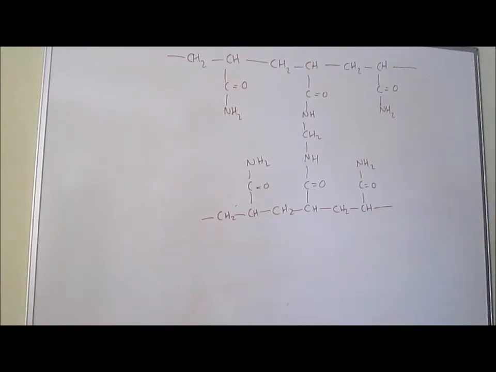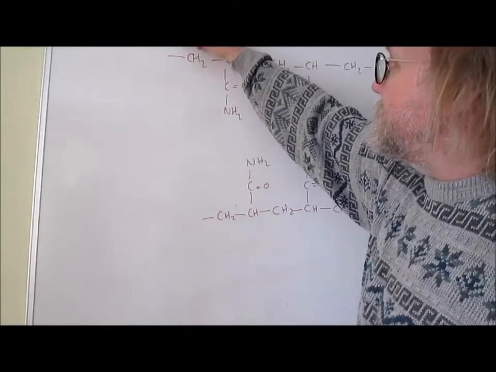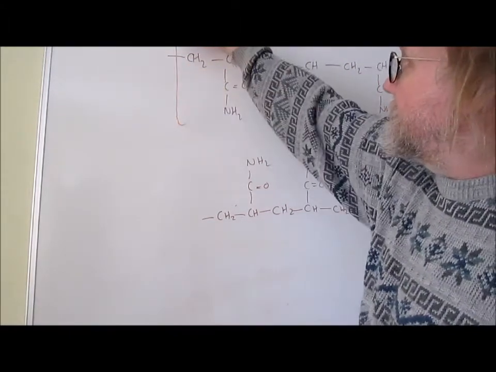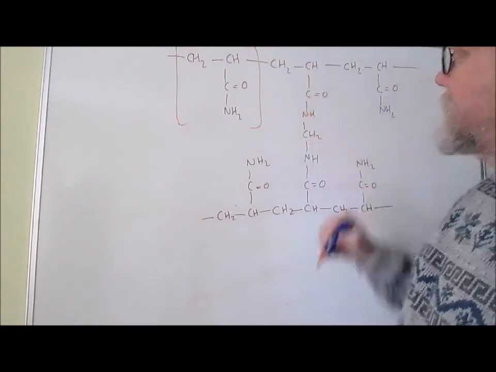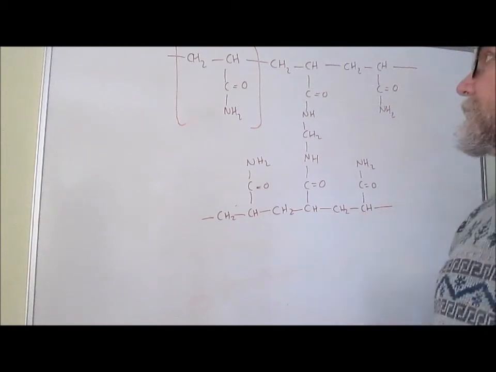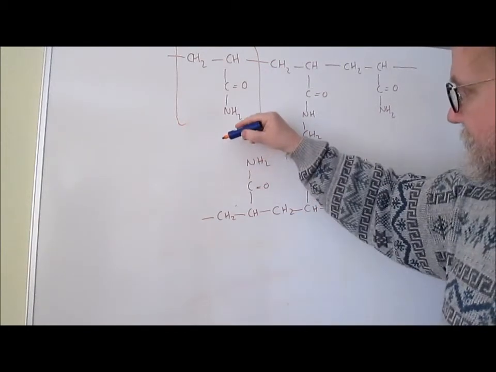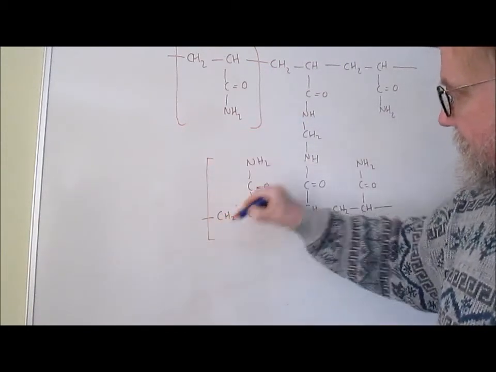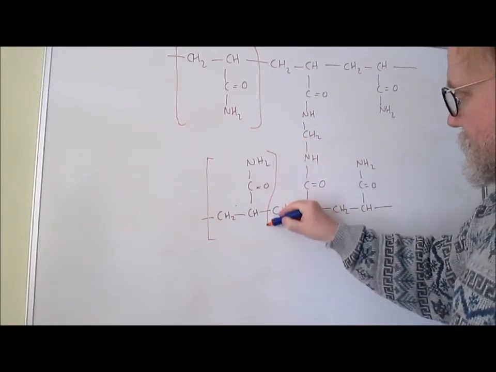Okay, so this is the cross-linked version of the polymer, and to pick this apart, the thing to do is, first of all, starting at this end, you can see that that looks like the normal repeat unit that you had in the previous simple polyacrylamide thing, as does that at this end of the other chain.